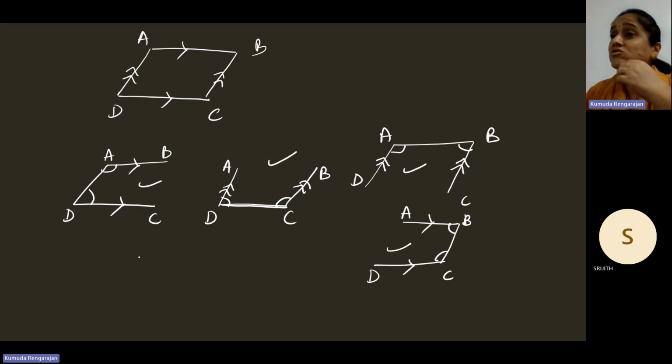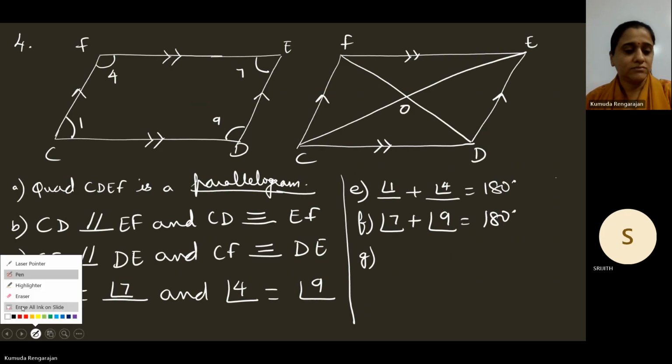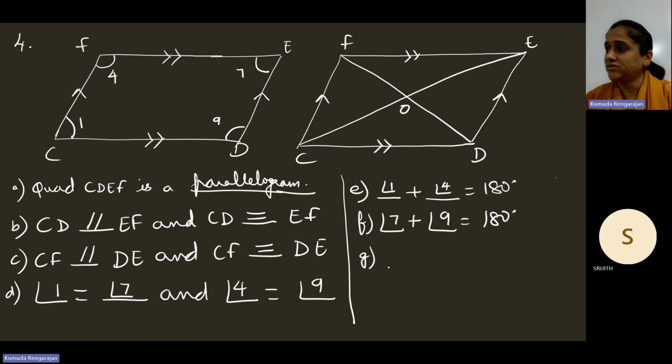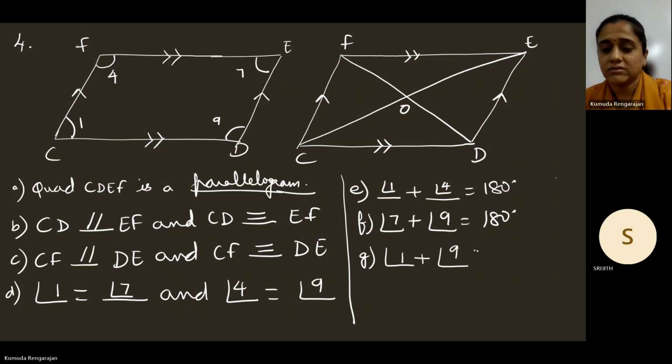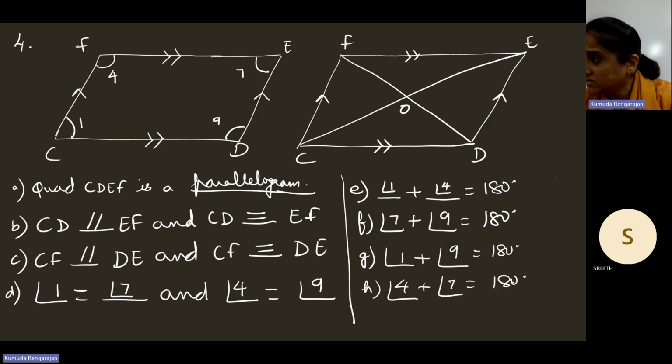So you will find 4 pairs of co-interior angles that are supplementary. We find 4 pairs of co-interior angles that are supplementary. So tell me the other 2 pairs. 1 plus... and adjacent angles.